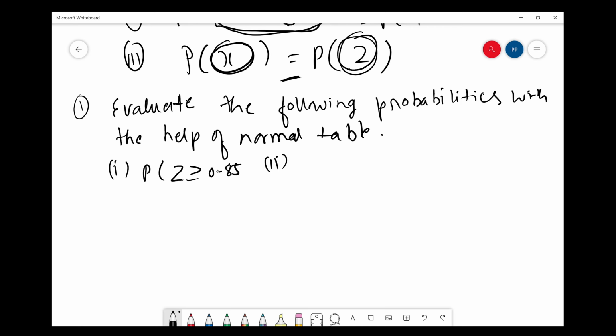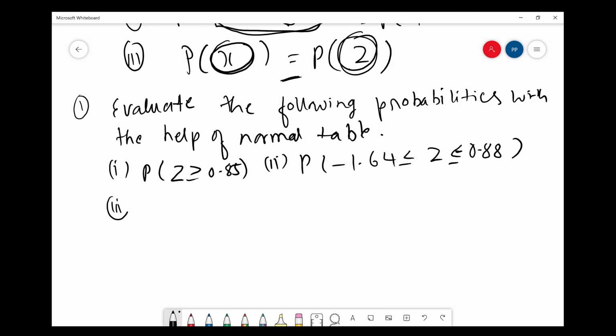Number two, P of minus 1.64 less than or equal to z less than or equal to minus 0.88.